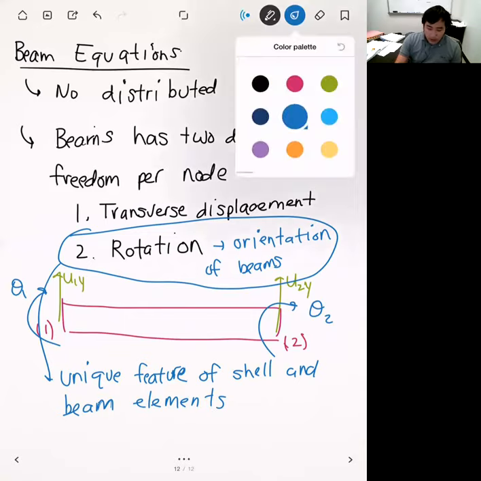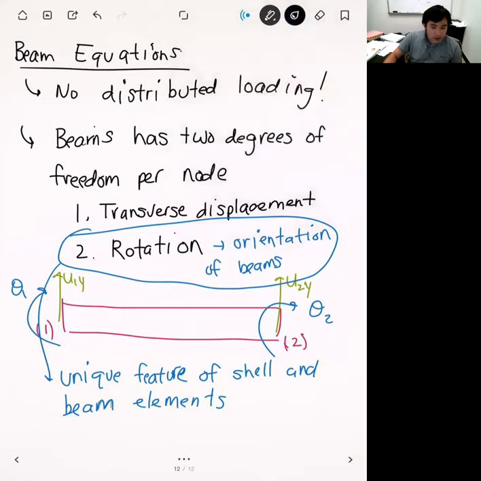All right, the last thing we're going to look at is the element stiffness matrix for the beams.